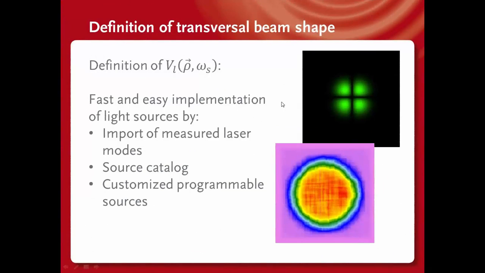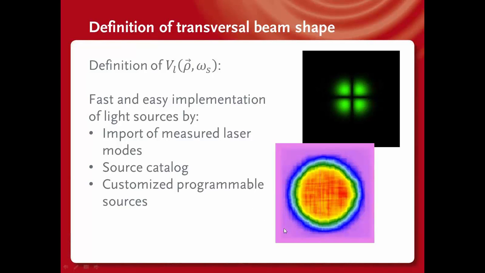So here you have plenty of different opportunities to define such transversal beam shapes. For example, you have already seen that we have plenty of predefined optical sources in the source catalog we provide. For example, here is some kind of higher order Gaussian beam or some kind of Stoker wave.